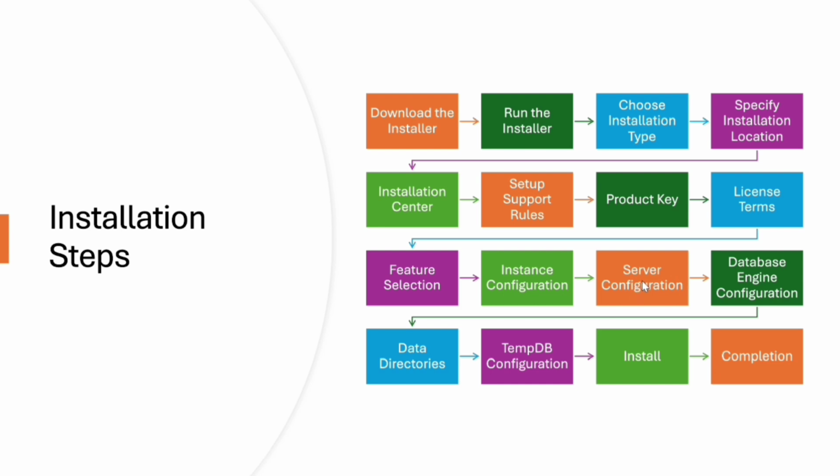Then we have the database engine configuration. In this we need to set the authentication mode. We have two types, Windows authentication mode and mixed mode authentication. We need to set the authentication mode here, and then set the data directories, and then temp database configuration.